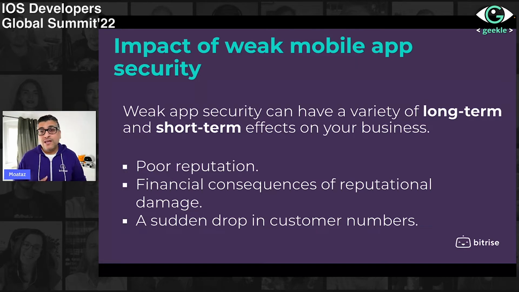Maybe you are not secure enough as a mobile company or mobile team, and maybe the data can be exposed, or stolen by any hacker on the internet. You also have financial consequences, and a drop in customer numbers, so maybe this can be affected as well.